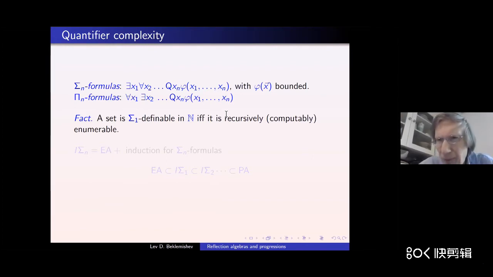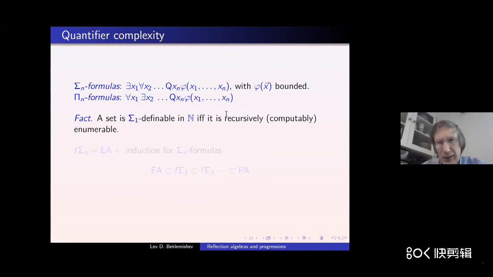And the most important fact about it, both practically and philosophically, is that predicates or sets definable by sigma 1 formulas are exactly the recursively or computably enumerable sets of natural numbers.